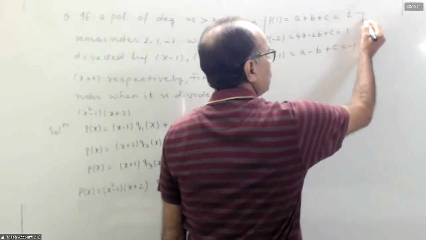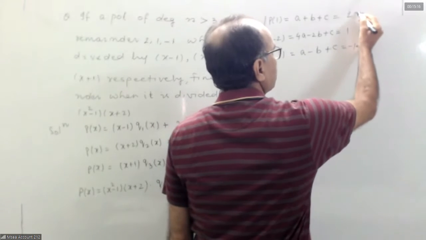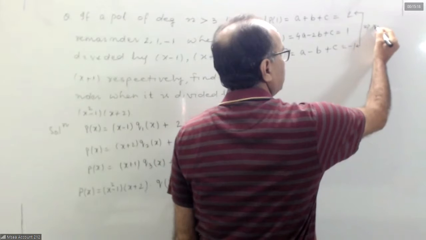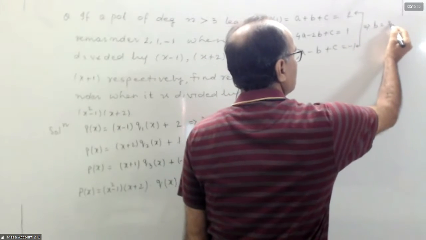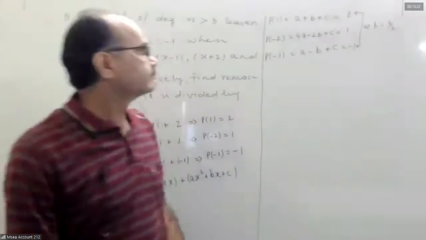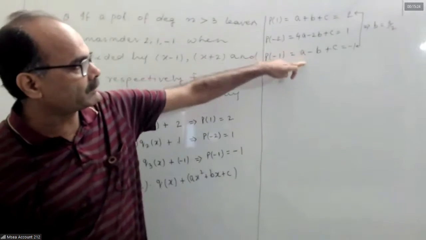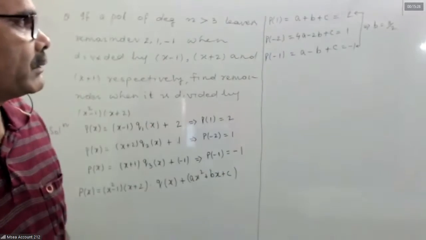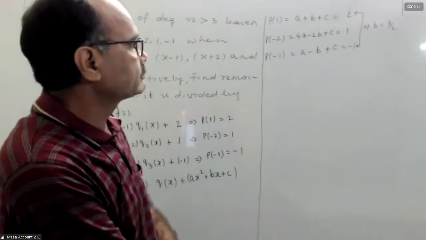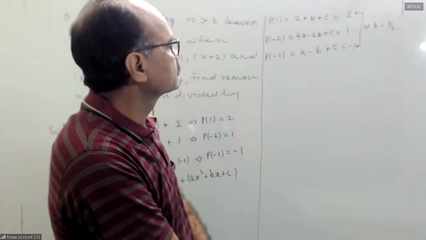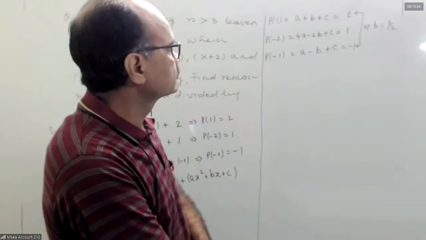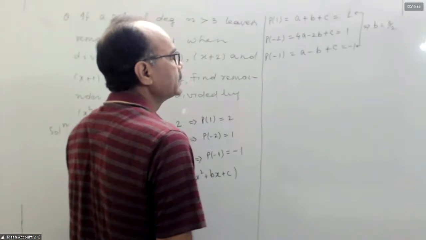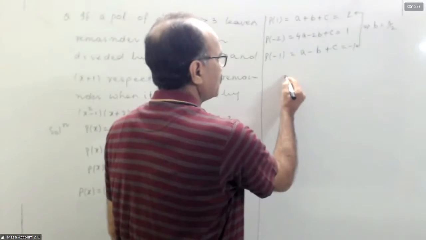Solving these two, we get B is 3 by 2. Give me the values of A and C. A plus C is 1 by 2.